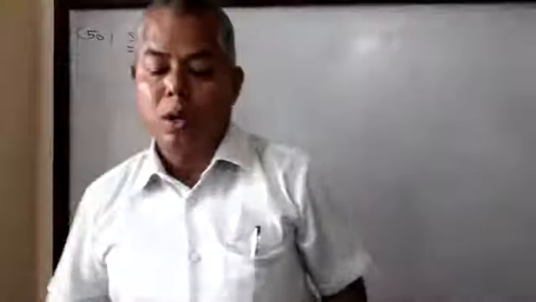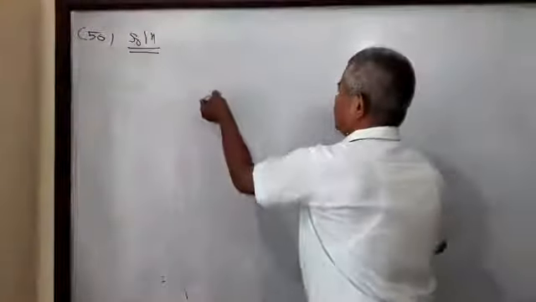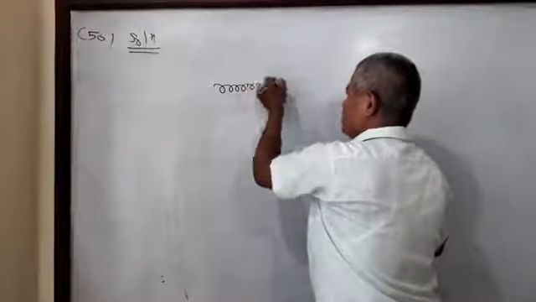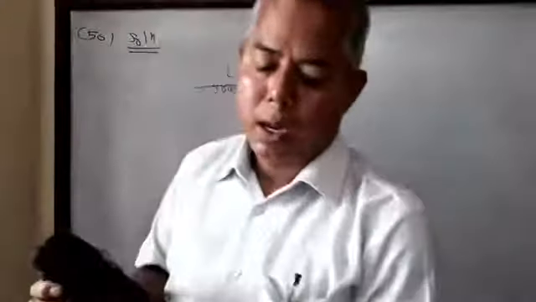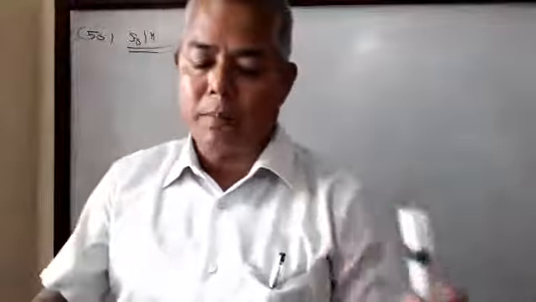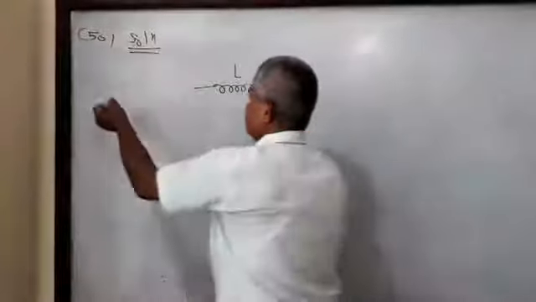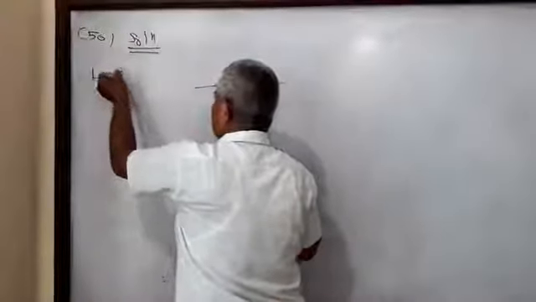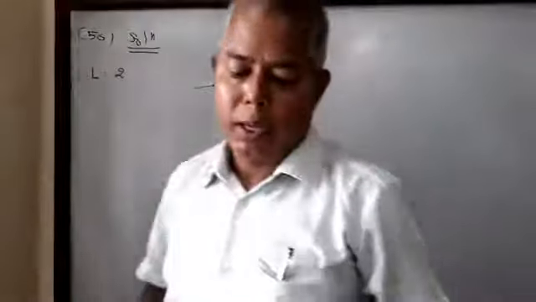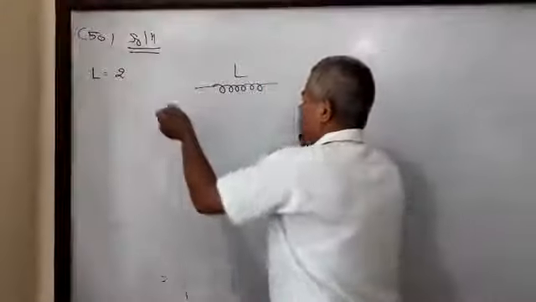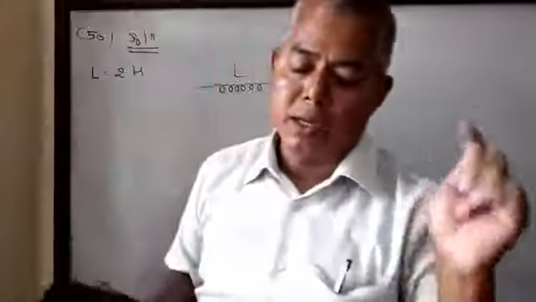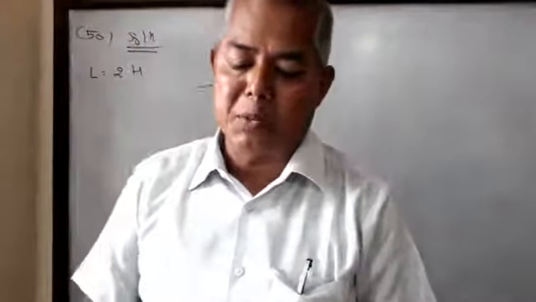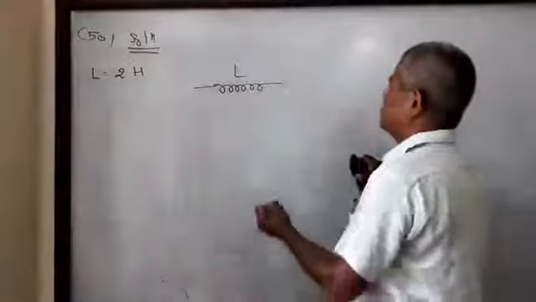Iron core coil means this is inductor L. An iron core inductor of inductance L has value 2 Henry, and resistance 50 ohm, which means it has internal resistance.